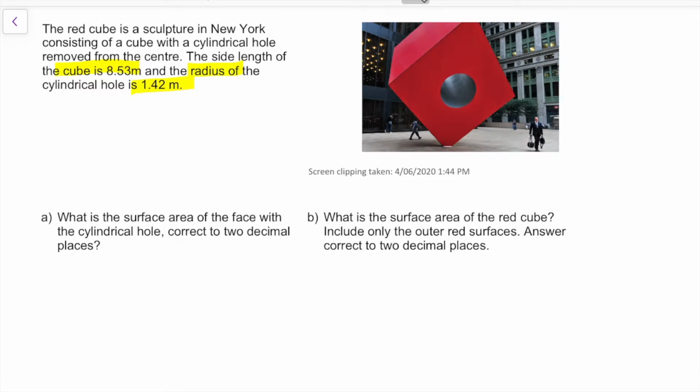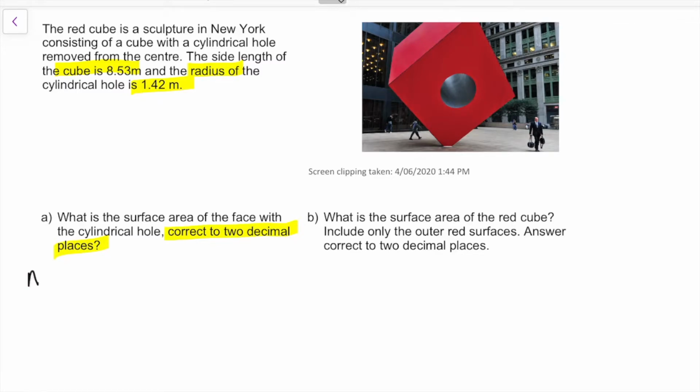So we're going to find the surface area, or we're going to find parts of the surface area. We want the face of the cube that has the hole in it. So that's this first one. Because it's got the cylindrical hole, we want it corrected to 2 decimal places, simply because we're going to be dealing with pi.